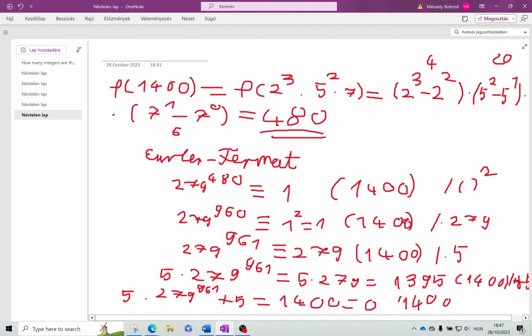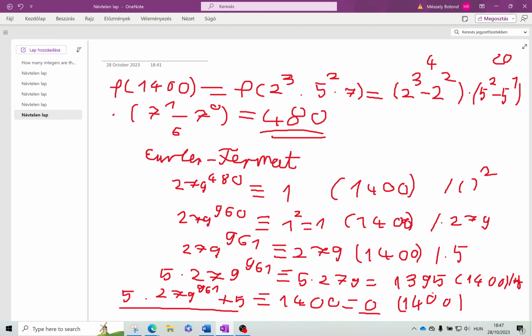And we basically solved the problem, because this is congruent with this. So that means 5 times 279 to the power of 961 plus 5 divided by 1400 gives no remainder, so it's an integer, a whole number.